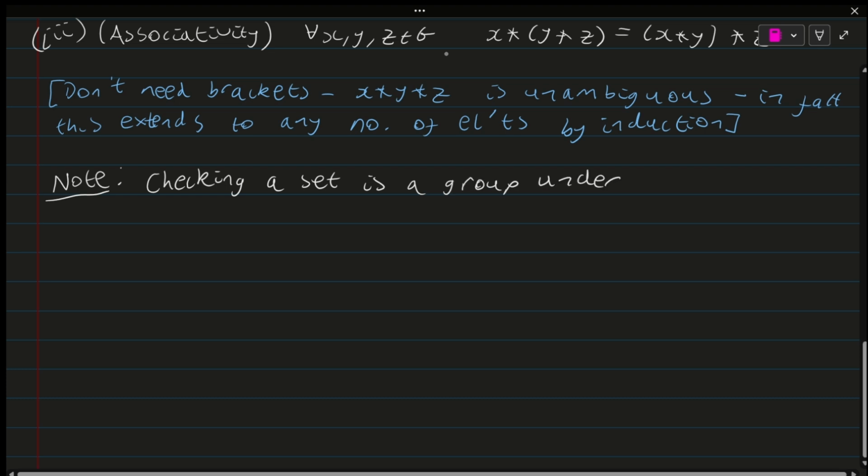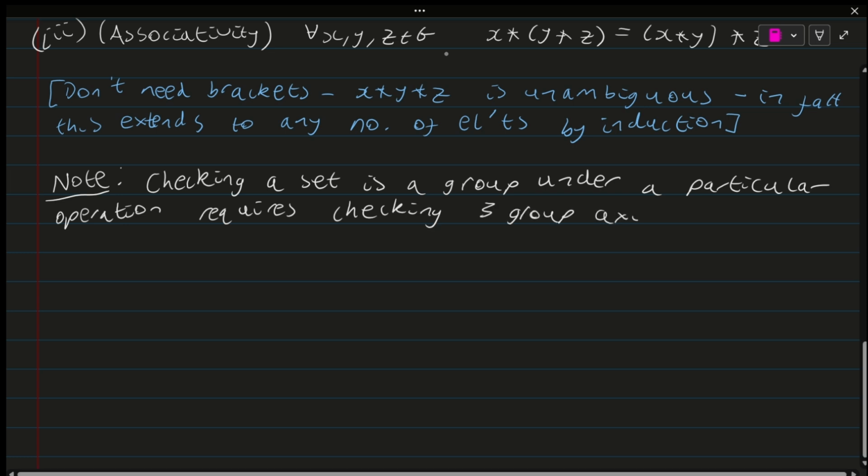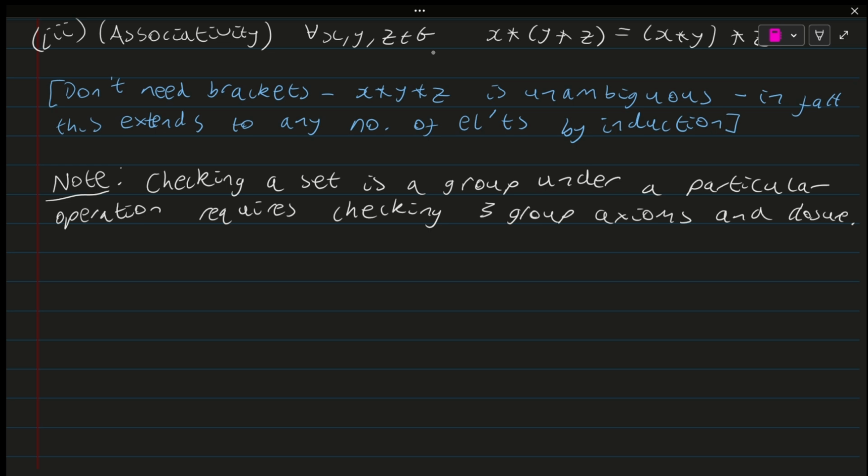And that's because we need to check the three group axioms but also closure, which, if you remember, was in the definition of the binary operation. Okay, let's move on now and look at some examples and non-examples.